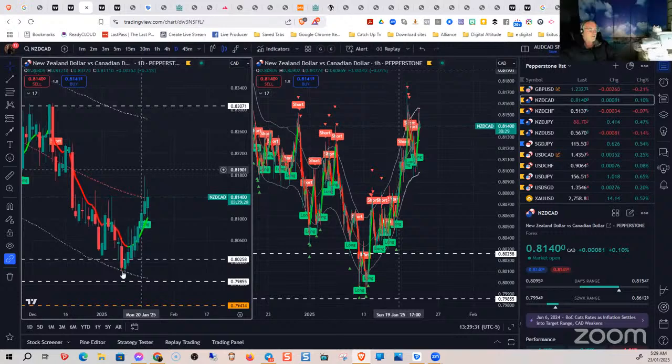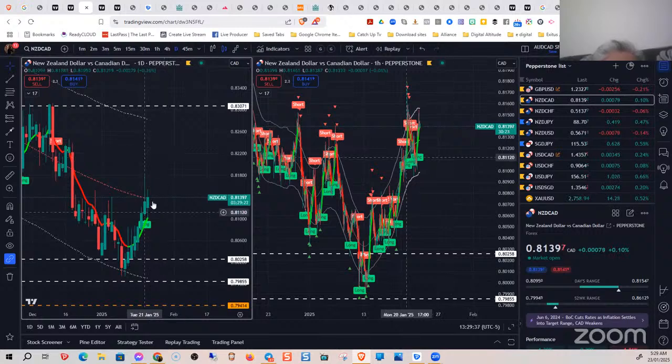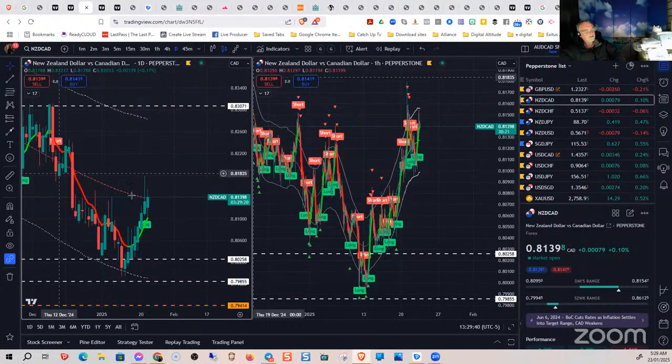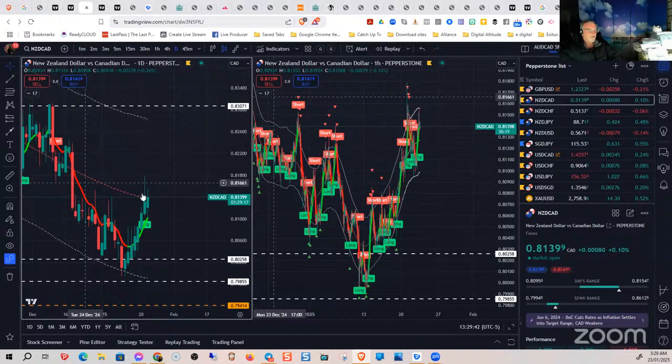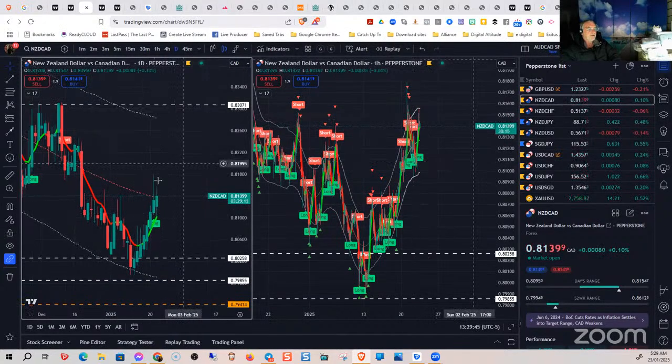It hadn't been outside the rail low. So for him, it's just tested the rail. Yeah, correct. And then now it's also around that middle. So we could get a pullback before it pushes back up.